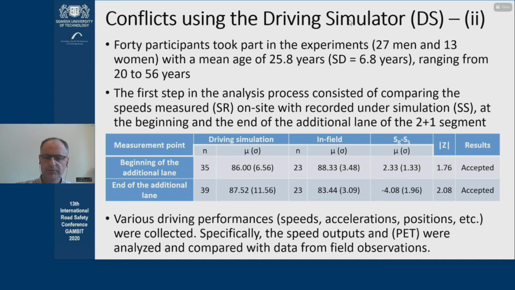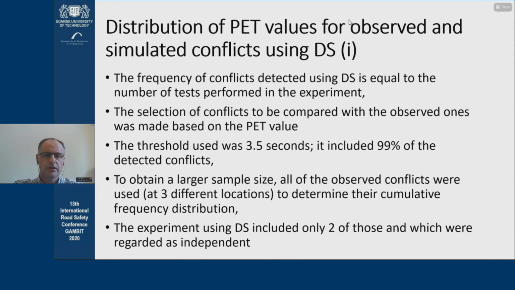We measured the post-encroachment time and compared it with the data from observation. Well, we didn't really compare the values. Instead, we compared how the PET values are distributed. The variability range was at up to 3.5 seconds. That was the threshold.